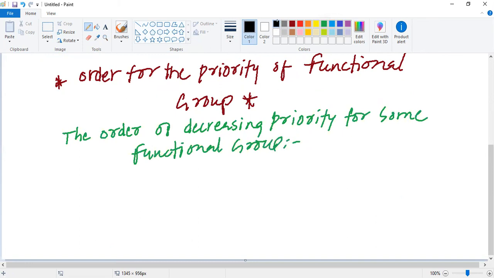We can start this way: we have COOH, which is more prior than SO3H. Then we have COOR, where R is the alkyl group.